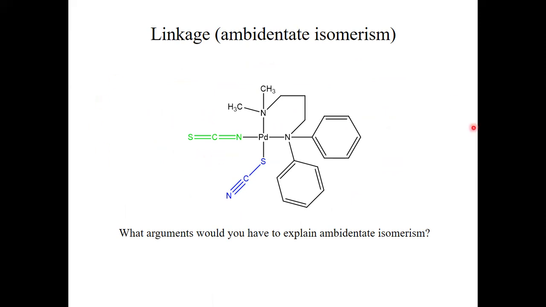So you see that in this molecule, we have this thiocyanate acting as an isothiocyanate ligand binding with a nitrogen, and another one which binds as thiocyanate ligand with a sulfur.